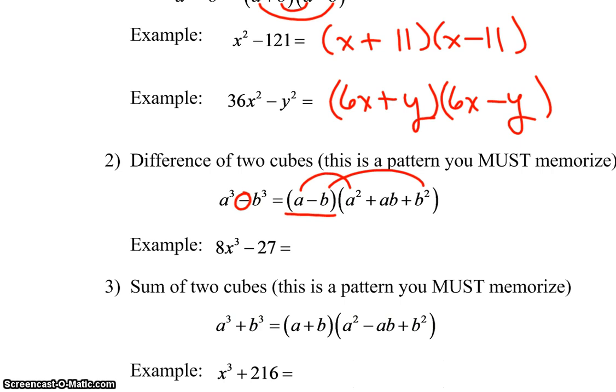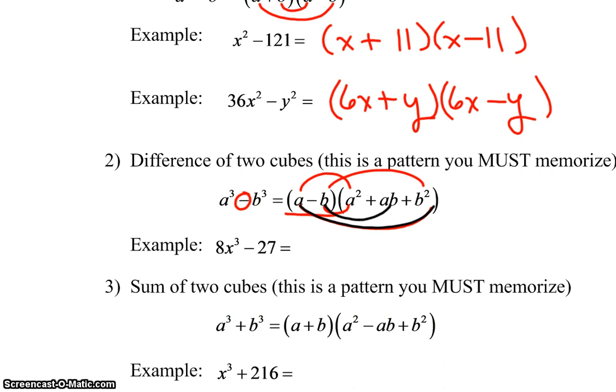The problem is you would also have to multiply the a times the b squared and the negative b times the a squared. In order to make those terms fall out of the problem, they needed to add in a positive ab in the middle. Notice when we multiply the outside terms, we had a positive ab squared. When we take the last term of the first times the middle of the second, we get a negative ab squared.